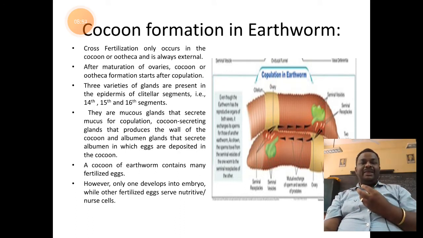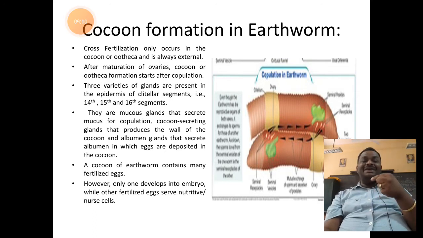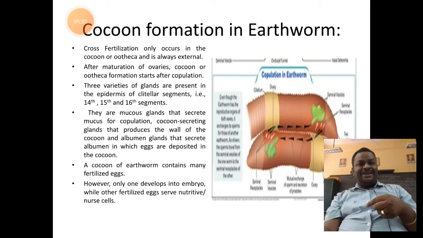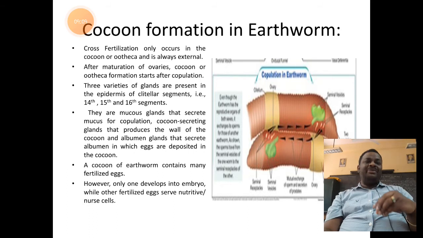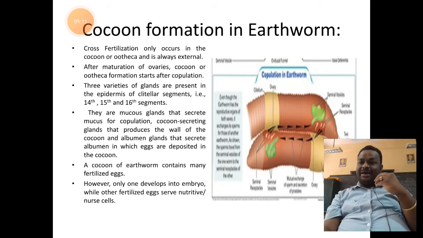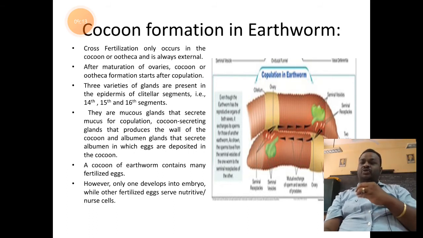Students, remember, clitellum is the part of the earthworm which is involved in the formation of cocoon.